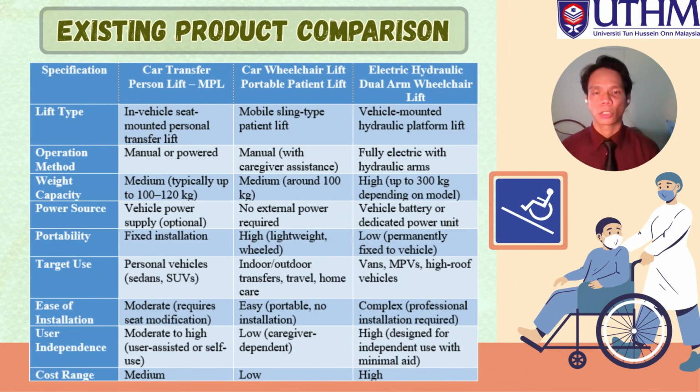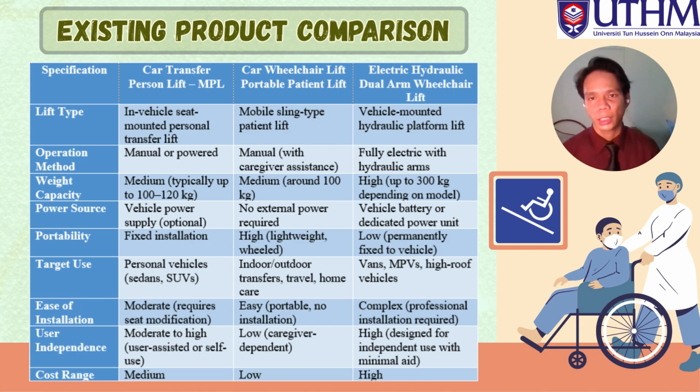So this is the comparison table from the previous designs. The first design is vehicle mounted, the second is based on a wheelchair, and the last design is vehicle mounted with a hydraulic platform. The first design requires no power, it's only manual, the second is also manual but with caregiver assistance, and lastly, fully electric with hydraulic arms.